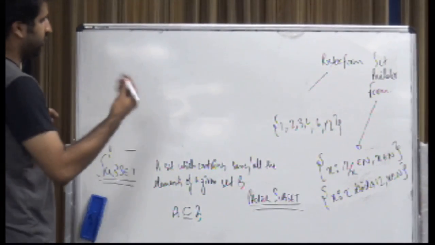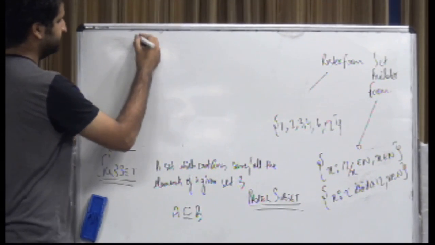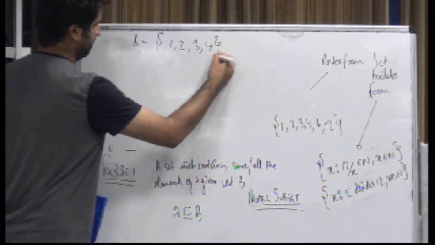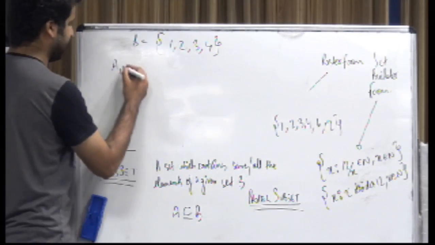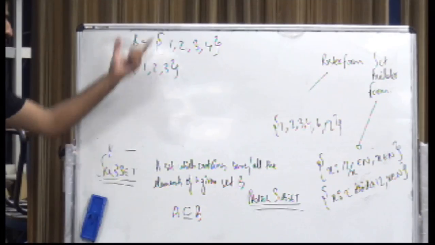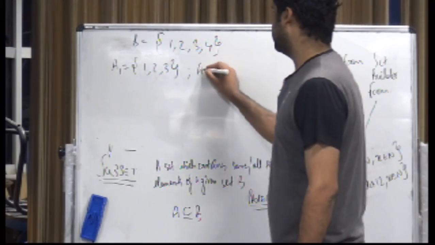Let's see what kind of subsets can be formed. Let's suppose B is equal to {1, 2, 3, 4}. So we have different subsets. They can be like this: A1 = {1, 2, 3}. This has some of the elements of B. Then next we have A2.